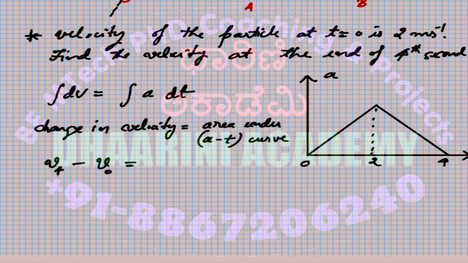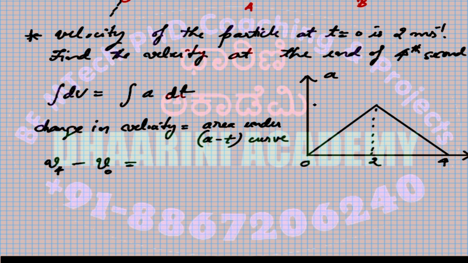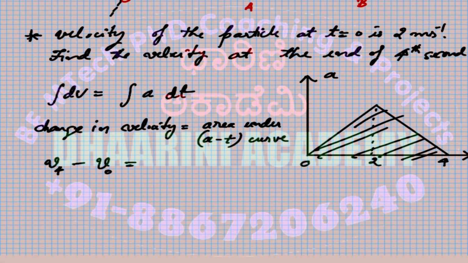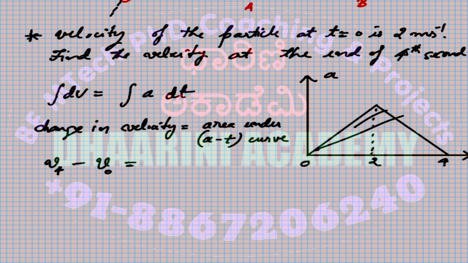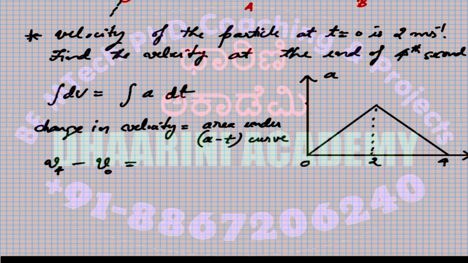So v4 minus v0 should be equal to the area of this curve. Again, I can see that this area refers to the area of the triangle. Simply calculate the area of the triangle. We know the standard equation to calculate the area of a triangle, that is half base into height. The height is required.